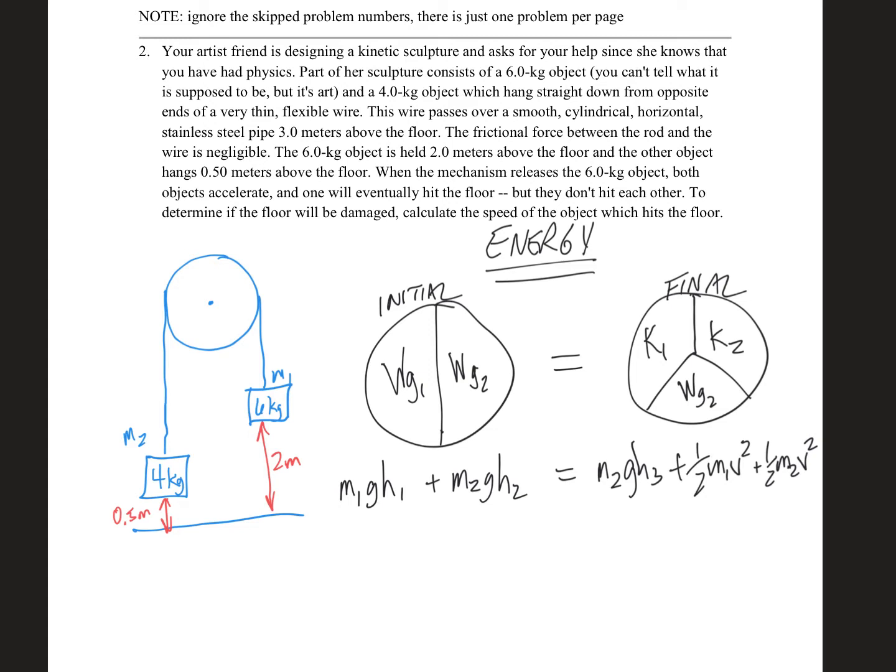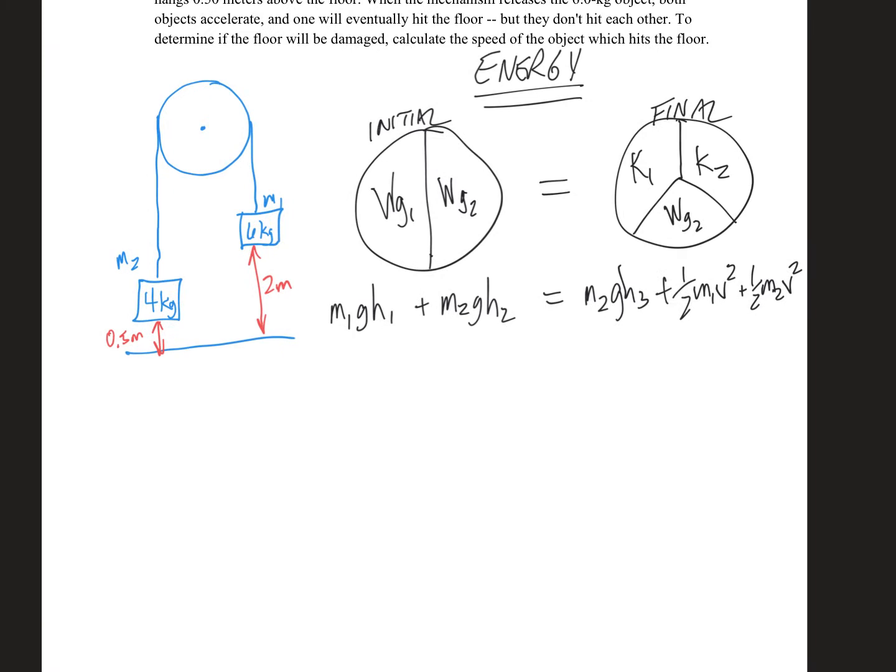Well, let's see here. If we rearrange this a little bit so we can do the math, we're going to have, let's see, half of those first two masses plus the speed squared. And then we're going to have m1 g h1 plus m2 g h2, whoops, not a plus, a minus m2 g h3. And let's see here.